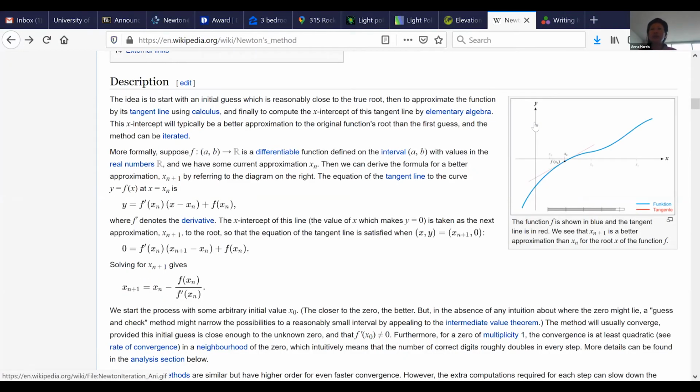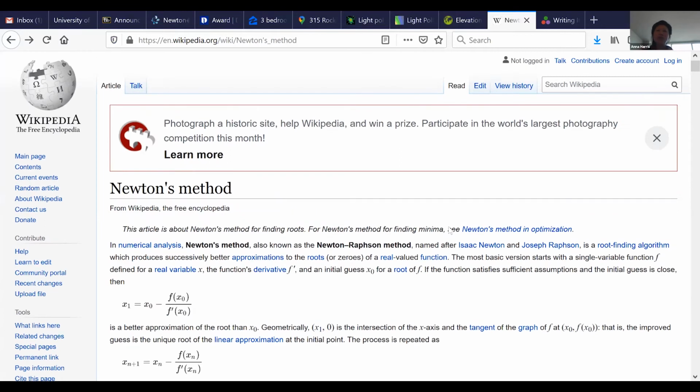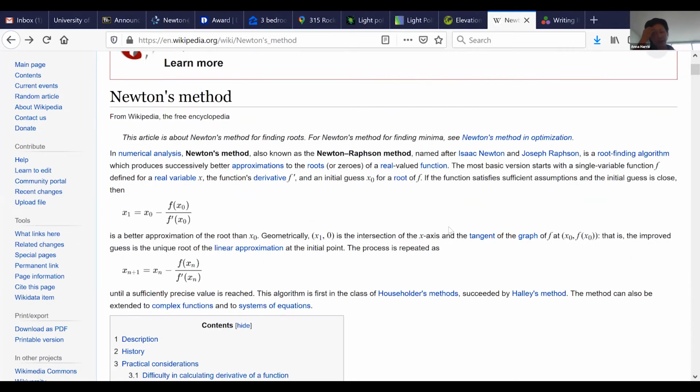I want you guys to look at this. This is a definition from Wikipedia, because I want you to look at the graphs and what's going on.